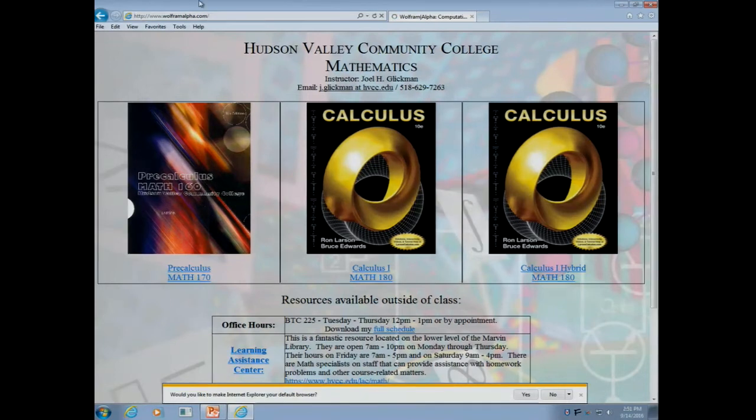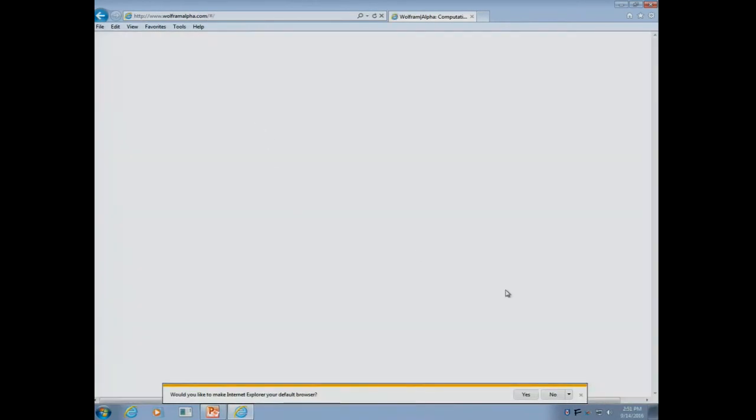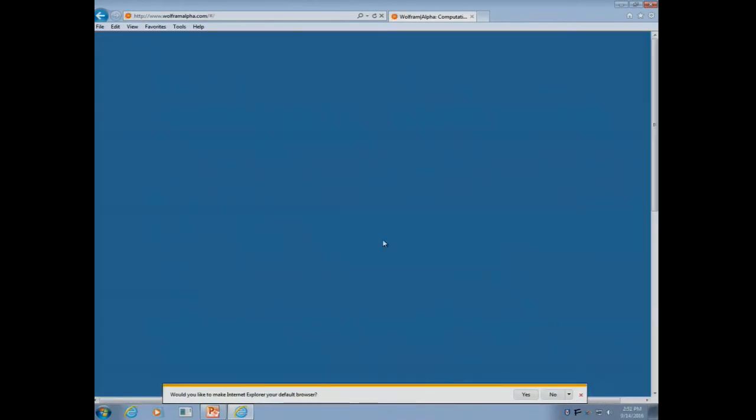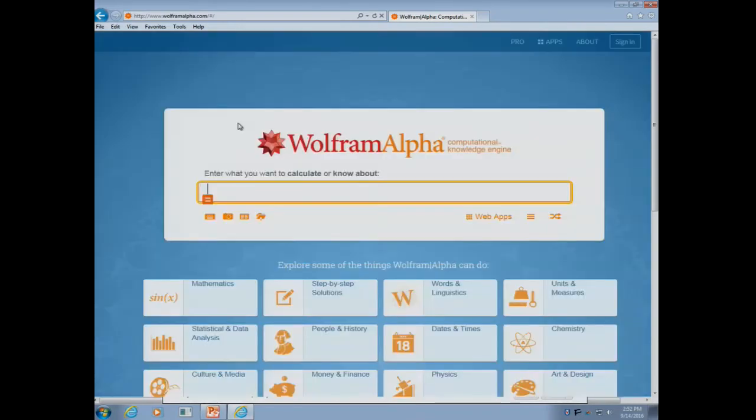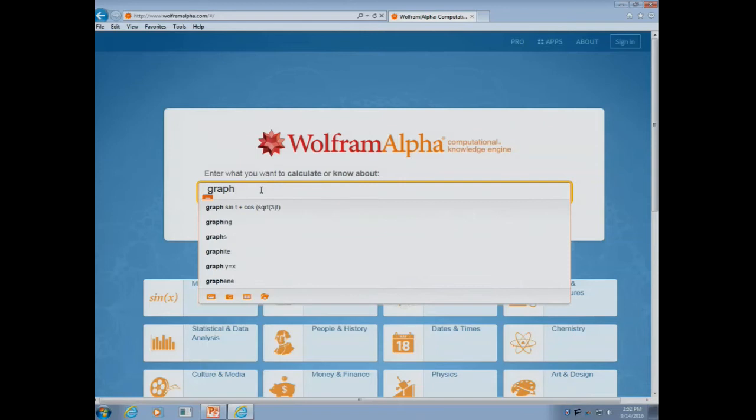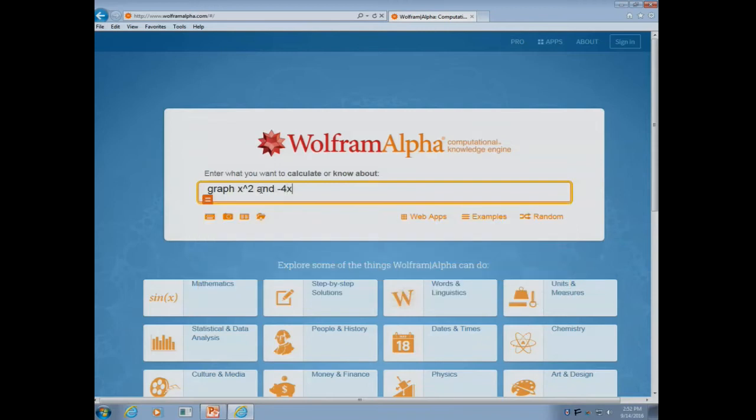I'm going to ask Wolfram Alpha to graph two curves on the same coordinate axis, and we can put it right in here. So let's say graph x squared and what else? Minus 4x minus 4.